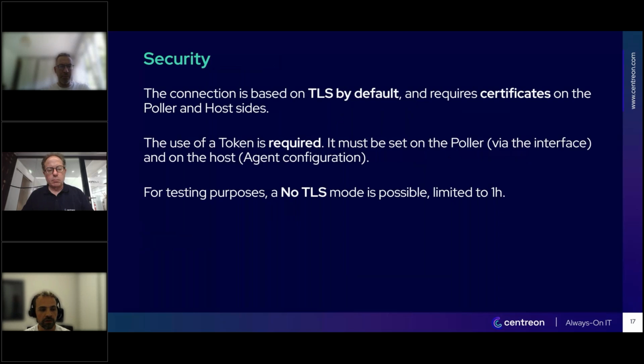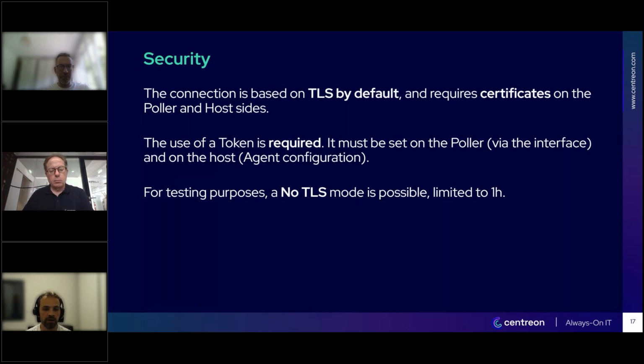I already talked about security, just more of a reminder with a new piece of information: we will provide TLS, and this will not be an option. We will require certificates on the poller and host side, and tokens.